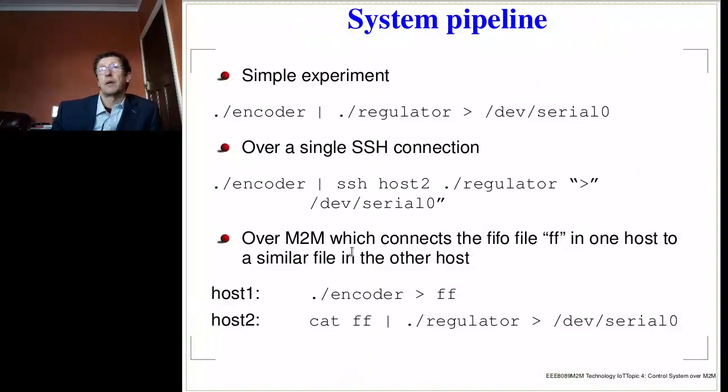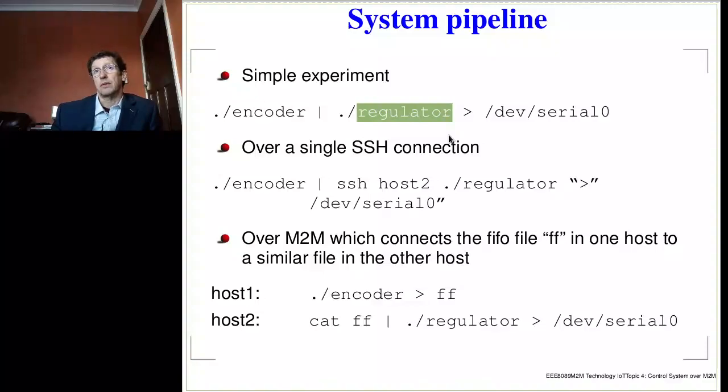And finally, the system pipeline. When we build this kind of measurement device for the speed and the controller, we need to somehow connect things together. For the controller, we'll have the process whose name is regulator, or controller, give it any name. For the measurement device, we have this encoder program or sensor. Give it any name.